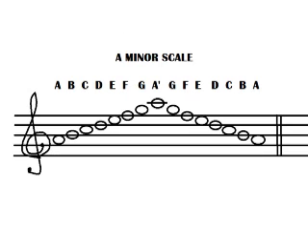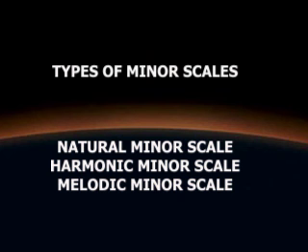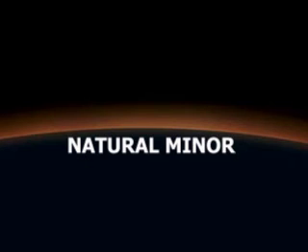And what we just did now, we have different types of minor scales, three types. We have natural minor, harmonic minor, and melodic minor. What we just did now, deriving a minor scale from a major scale, the process we just followed now is simply called natural minor.